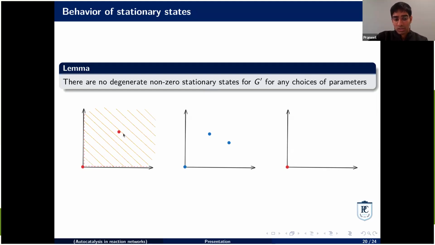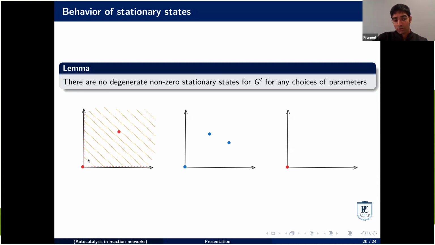What this means is that in this bulk region, during this extrapolation of the degradation rates, changing alpha, it's not possible for these two states to collapse into each other. It's also not possible that starting from here, at some point in this manipulation of alpha, one state splits into two states. So we are blocking this phenomenon from happening in the bulk.